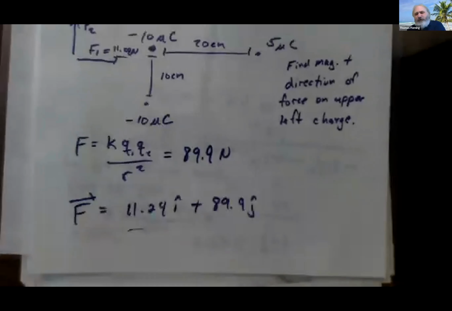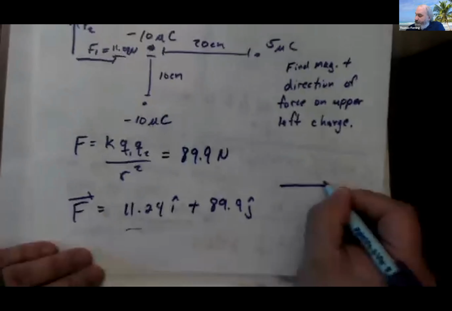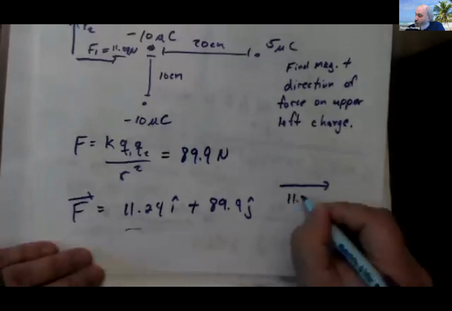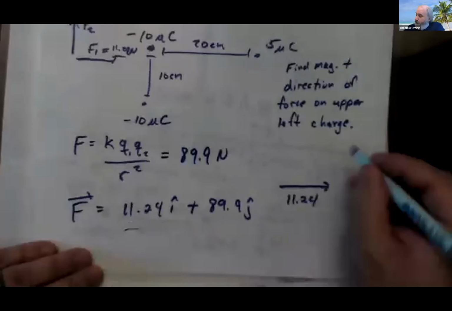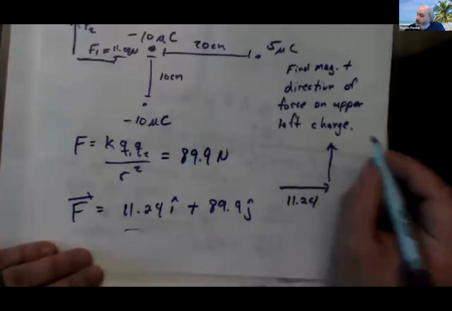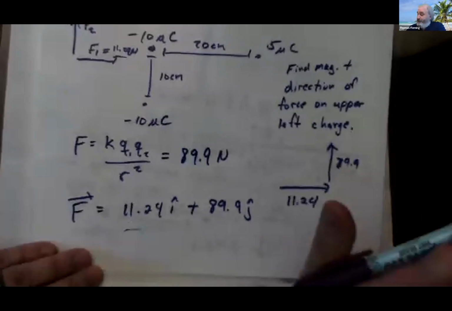But how do I even visualize that? Well, if I have a vector that's 11.24 I hat, it means it's sideways 11.24 newtons. But it's upward 89.9 newtons. Obviously, this picture is not to scale.